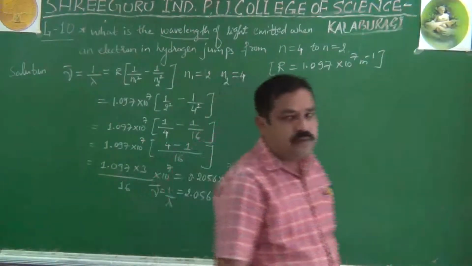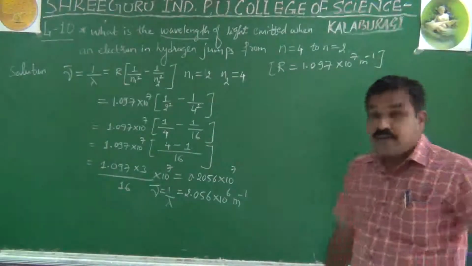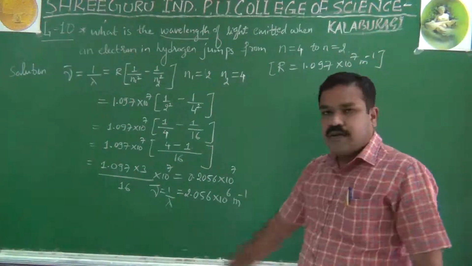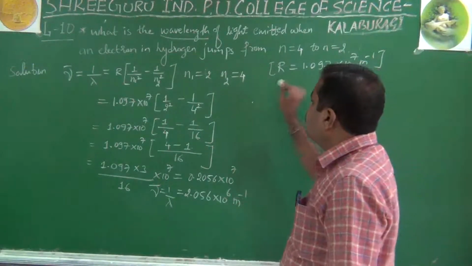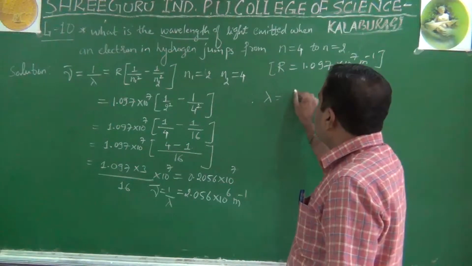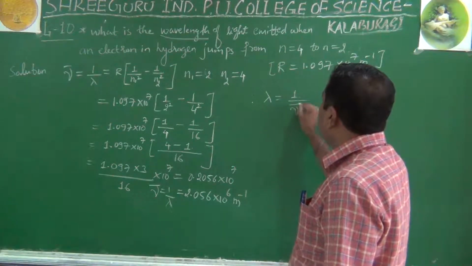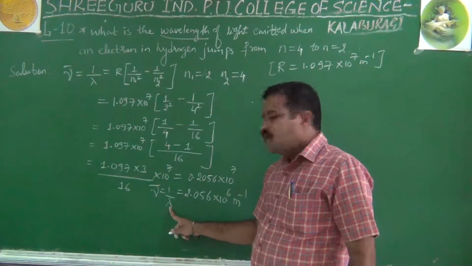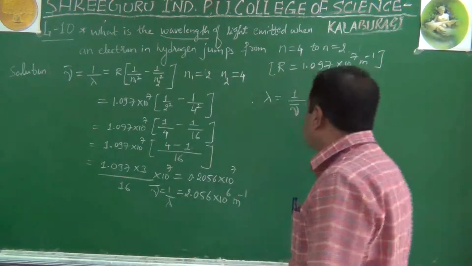But what is our question, students? We have to calculate wavelength, not wave number. Wave number we have got now, right? So in continuation, lambda is 1 by nu bar, because see, wave number and wavelength are inversely proportional to each other.